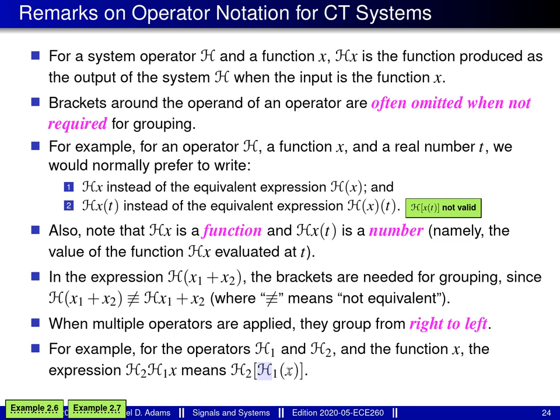So we're taking x, putting it into the system represented by the operator h1, and this will produce an output which is denoted by h1 of x. And h1 of x itself is a function. It's the output that was produced by some system. And then we're taking this function h1 of x and putting it into the system represented by the operator h2. This whole expression corresponds to the output that we get from the system whose system operator is h2.